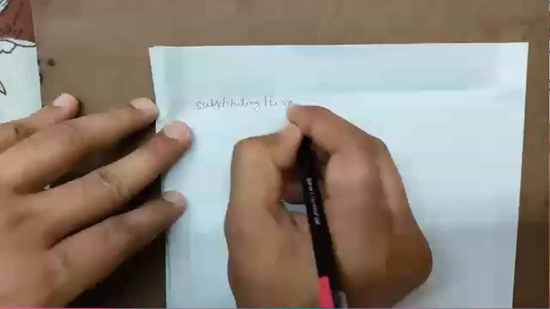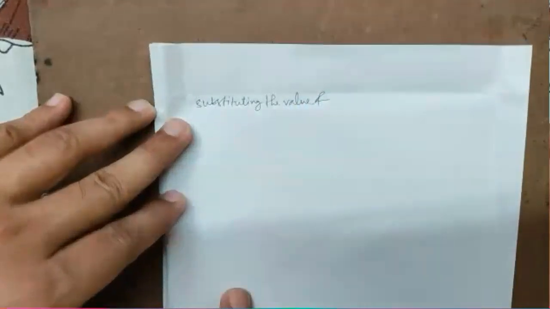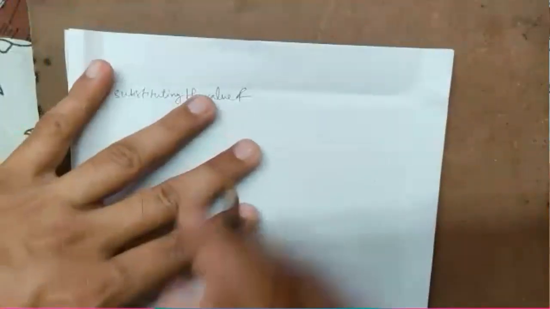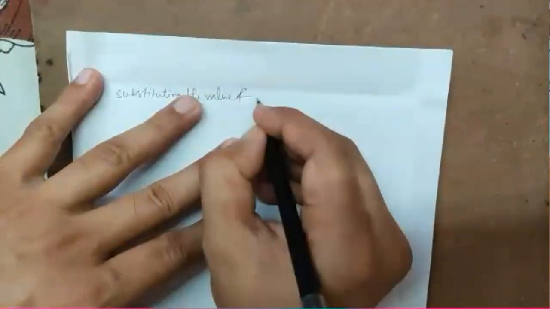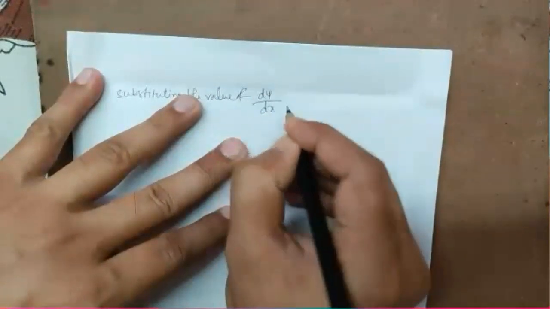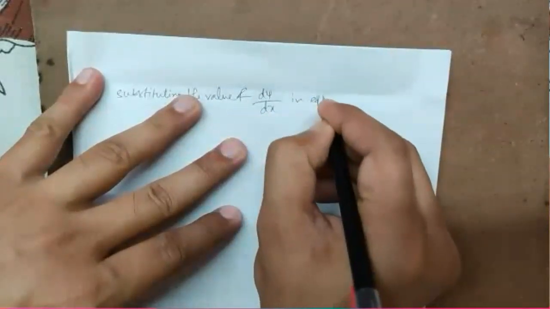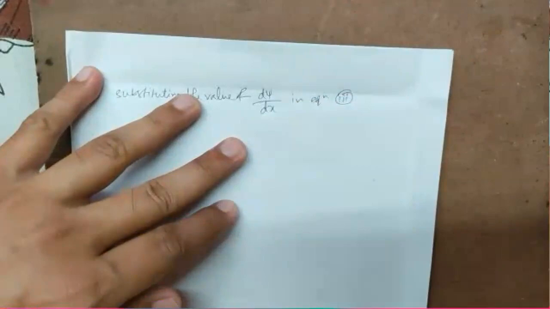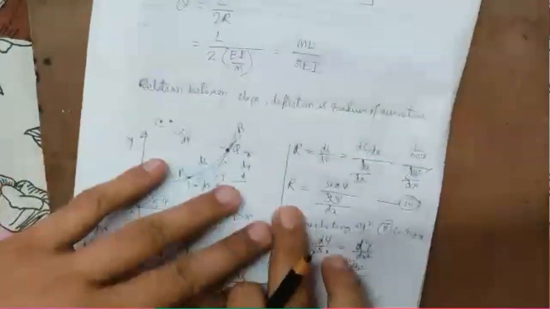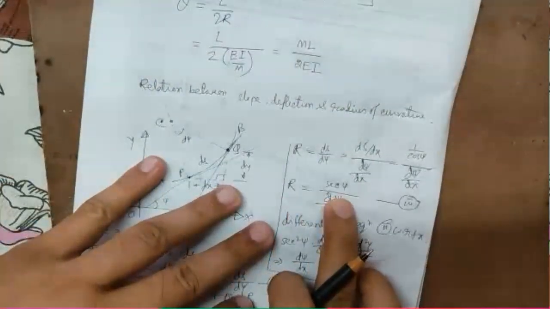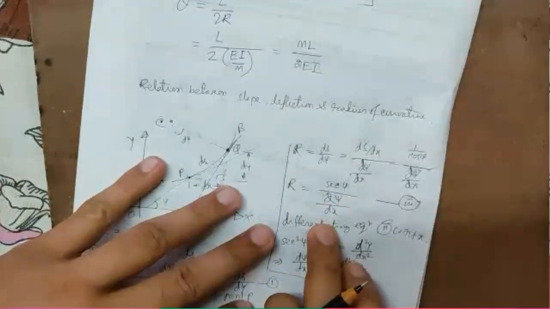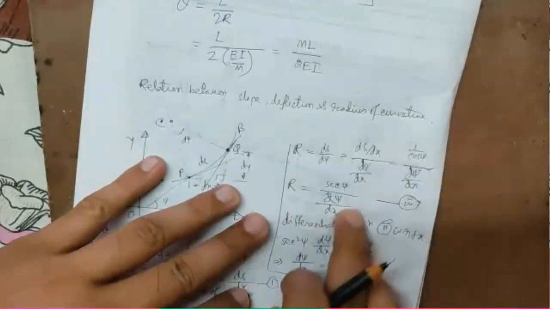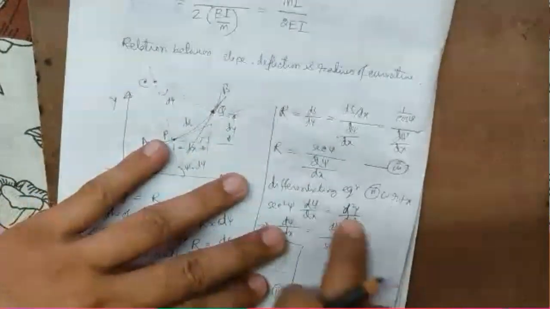Substituting the value of d psi dx, we have just found out in equation 3. What was equation 3? Equation 3 was r into sec psi by d psi dx. So in place of d psi dx, we'll put this value.